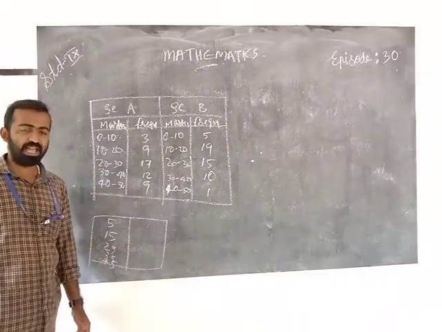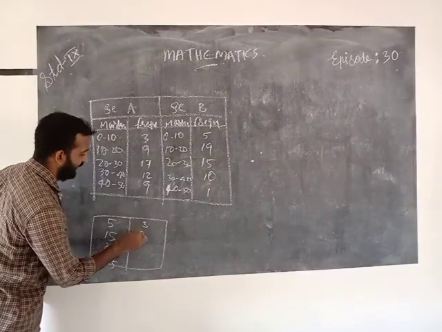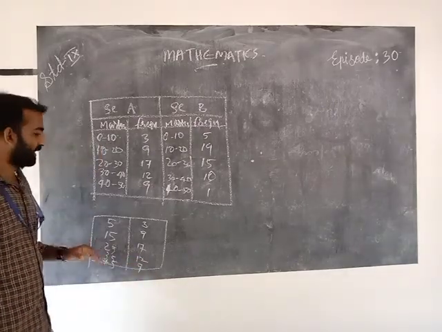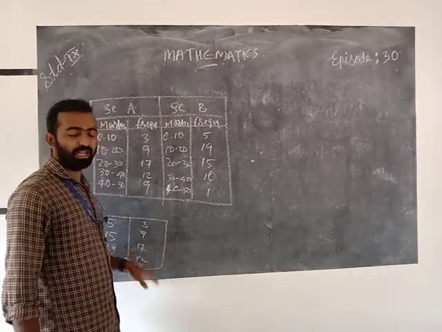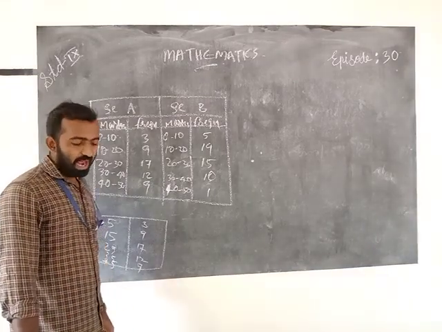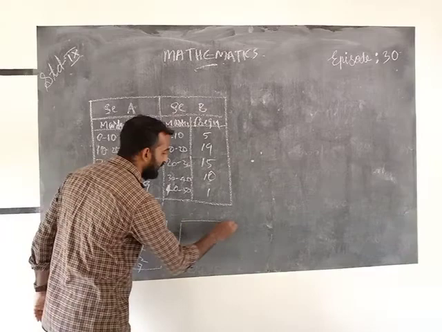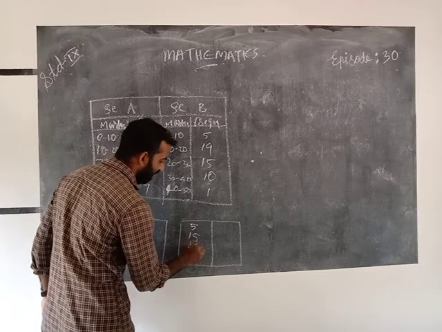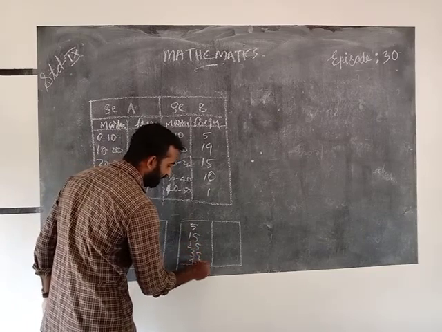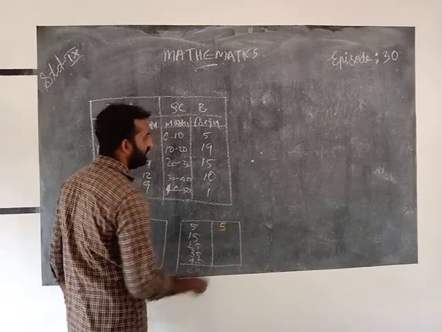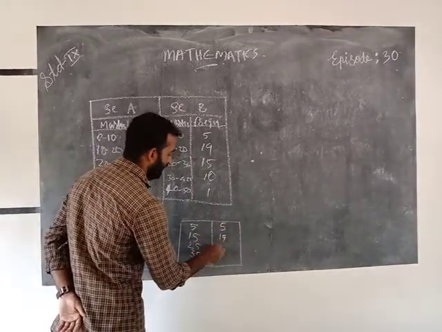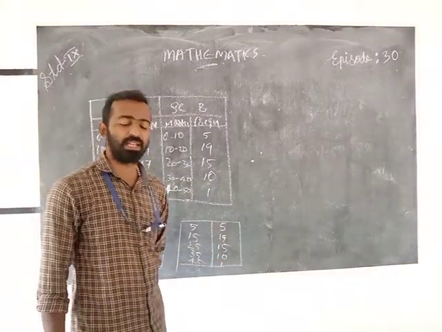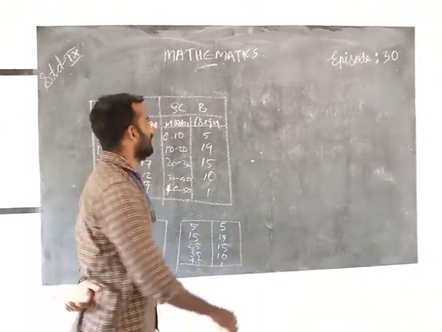And the corresponding frequencies are 3, 9, 17, 12, and 9. Also we modify the table of section B. Marks are 5, 15, 25, 35, 45, and the frequencies are 5, 19, 15, 10, 1. Then we mark the graph.